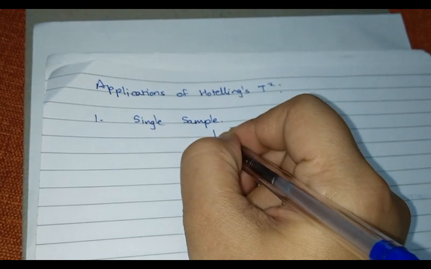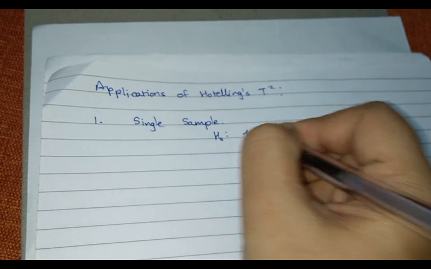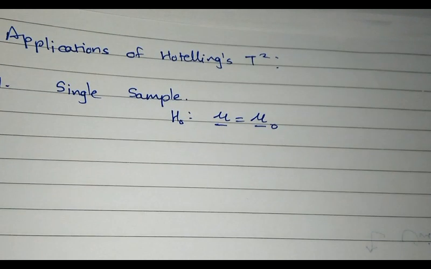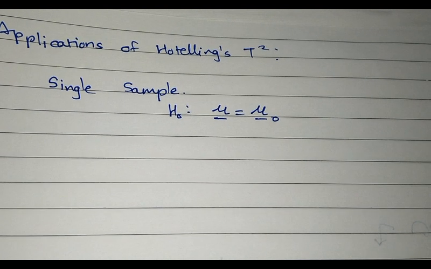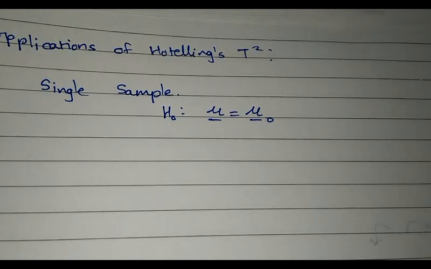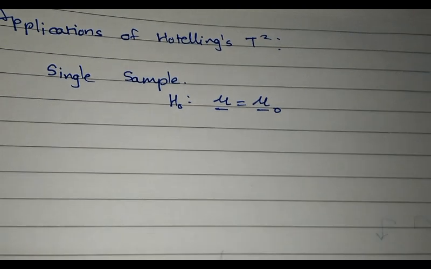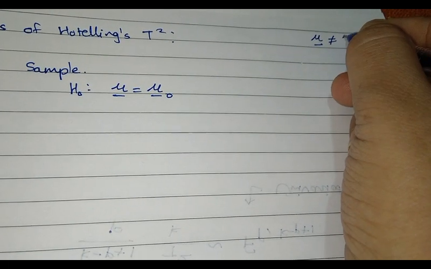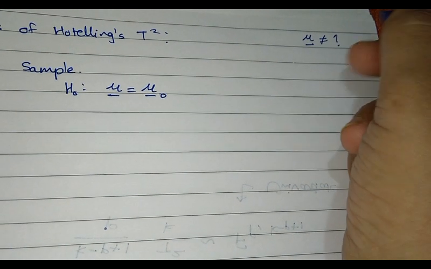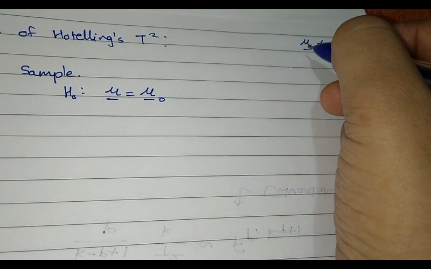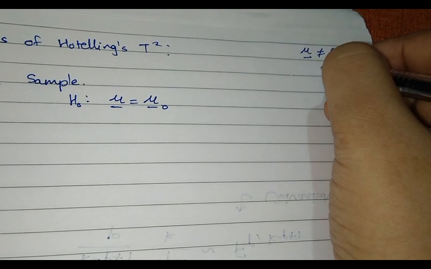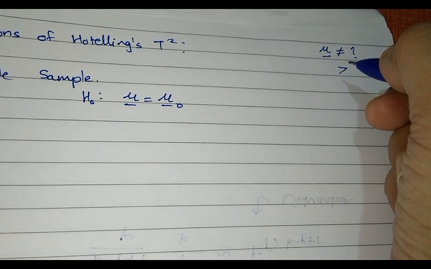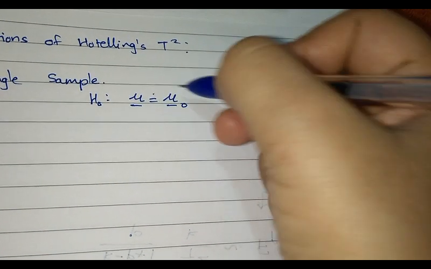In the single sample case, my H naught is going to be mu equal to mu naught. I am not going to say anything about the alternate, because in the multivariate setup my alternate would always be of the type mu not equal to something, either mu not equal to mu naught or mu 1 not equal to mu 2 and so on. We won't go for greater or less, because in the multivariate setup we are going to compare two vectors.